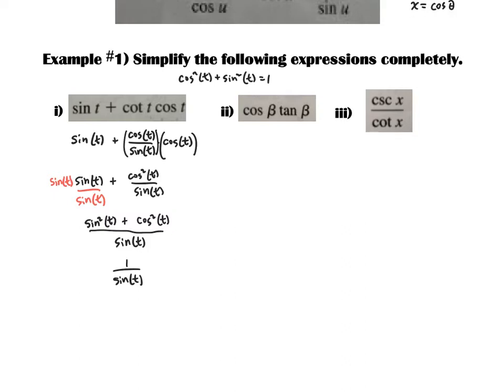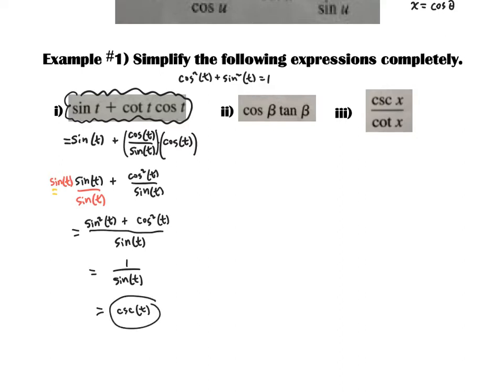Okay, now I can simplify this and turn it into 1 over sine, which is equal to cosecant of t. So what I've just shown is that the expression above, by doing just a sequence of algebraic changes using identities, is equal to cosecant of t.